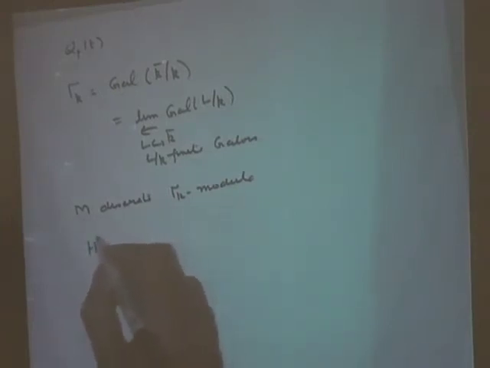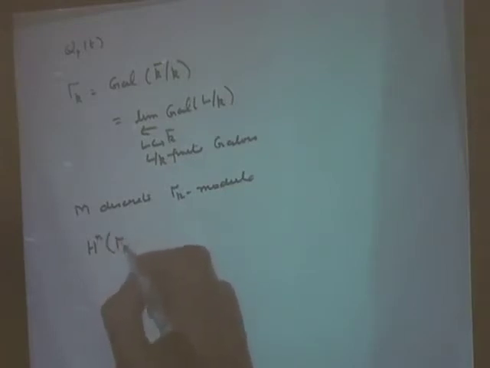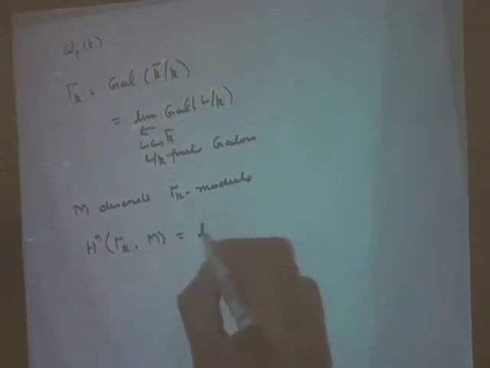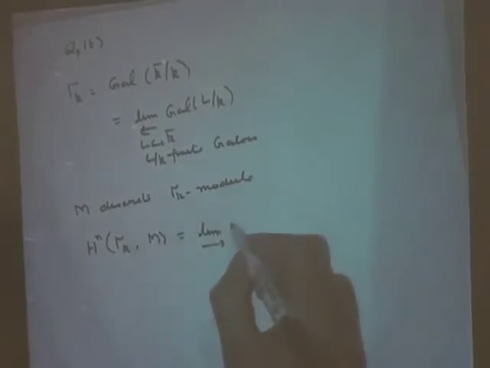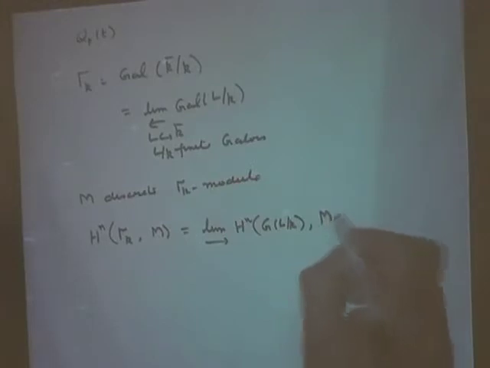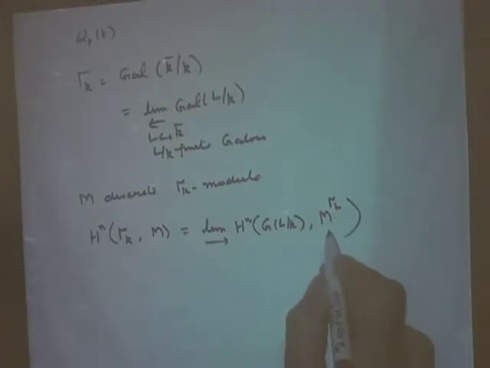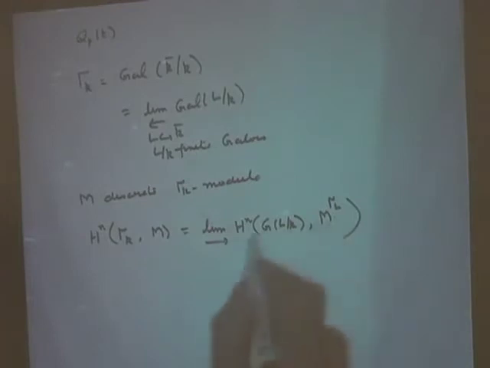Then we can define these Galois cohomology groups H^n(Gamma K, M). This is simply a direct limit of the Galois cohomology of the finite Galois extensions L over K with values in M invariant under the Galois group of L. M is a Gamma K module, you take the elements fixed under Gamma L, and then that becomes a module over G(L/K), the quotient group, and then you just take the usual finite cohomology groups and run it over the direct limit as L runs over finite Galois extensions as before.